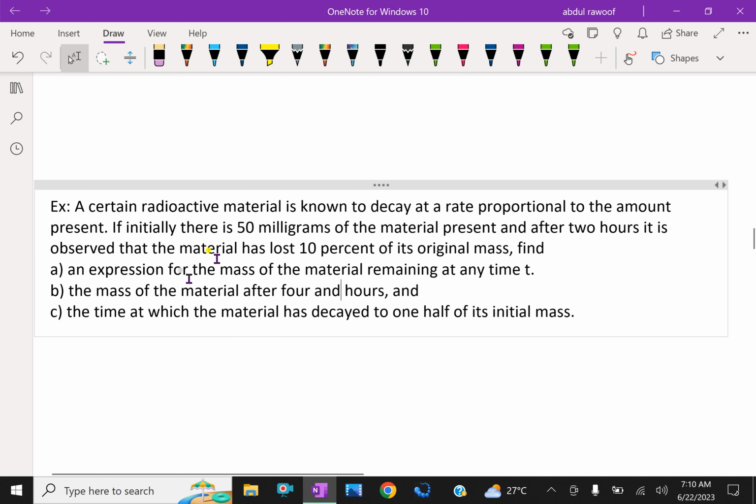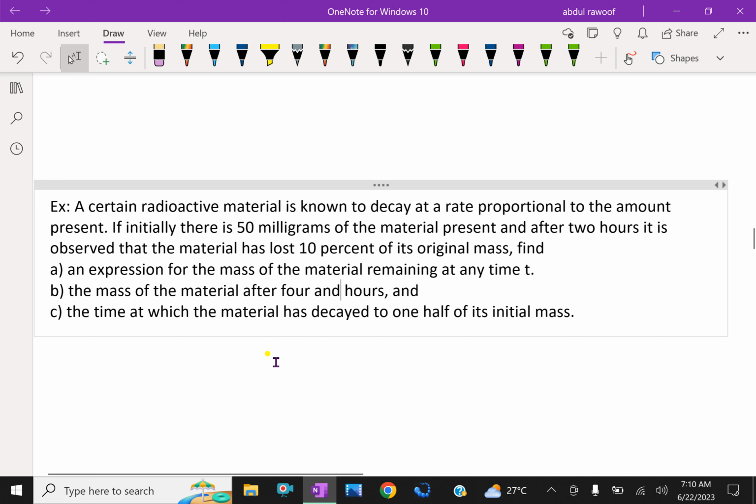That means some radioactive material have its own half-life period. So it has reducing mass when time elapses. Initially the mass is 50 milligram of the material present. After 2 hours, it is observed that 10% of its original mass is decayed.